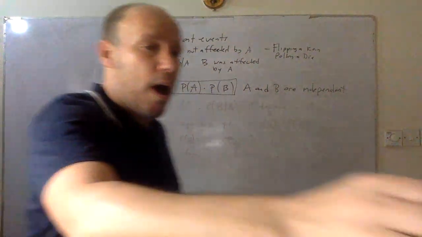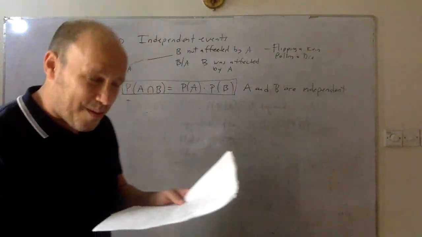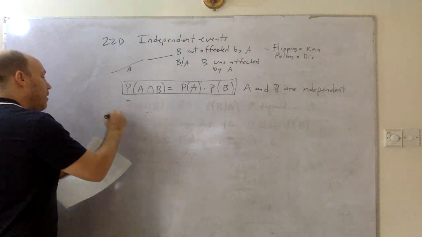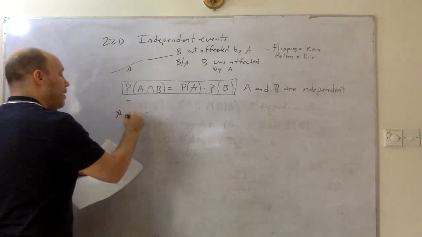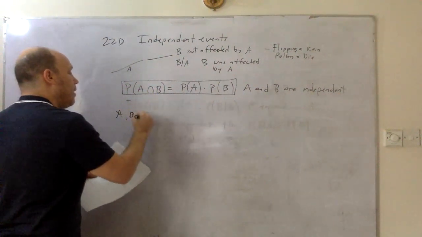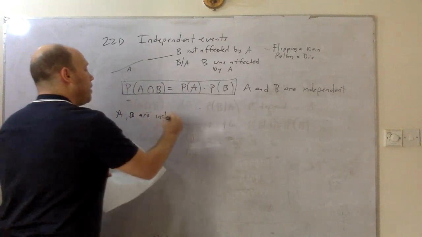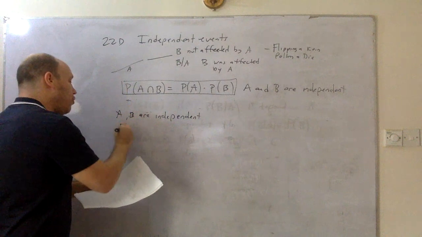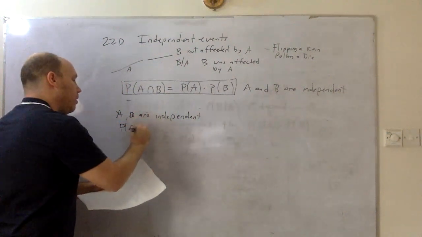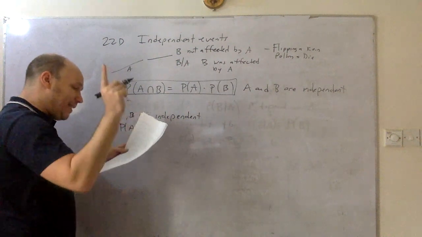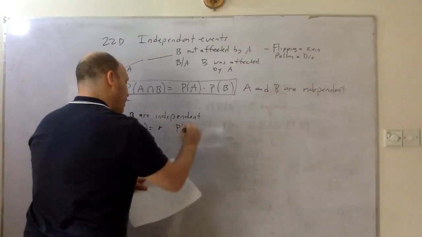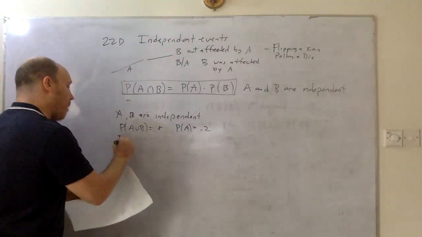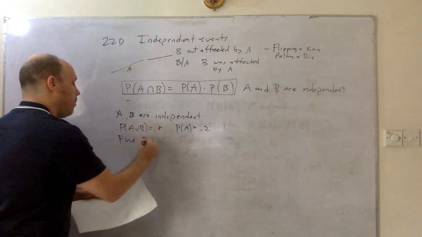In every math problem, all the information is important. First, they tell you that A and B are independent. They tell you that the union is equal to 0.8, and they tell you that the probability of A is equal to 0.2. They want to find the probability of B.